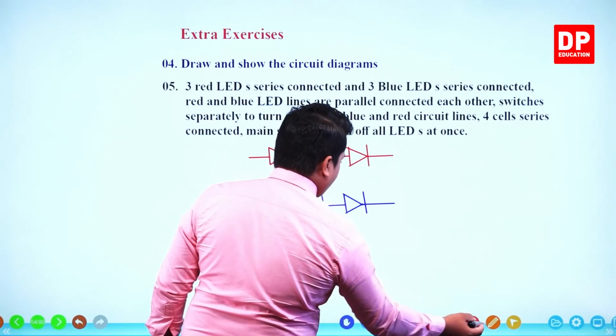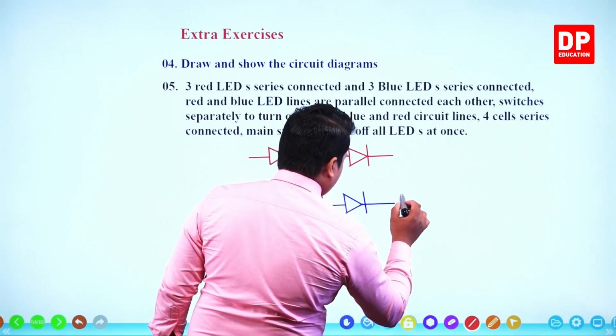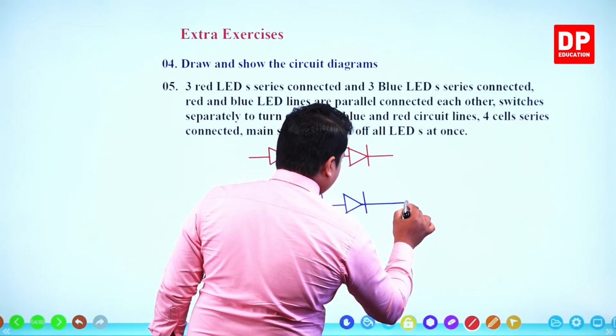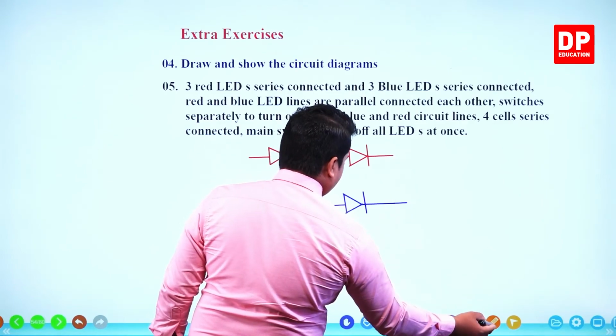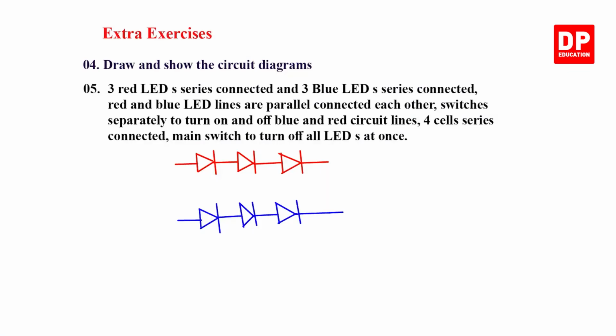By using connecting wires, let's interconnect. So before that we have to put a switch. Here we go. Our 2 circuit lines are now completed.